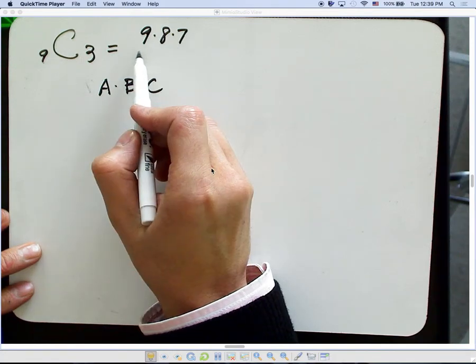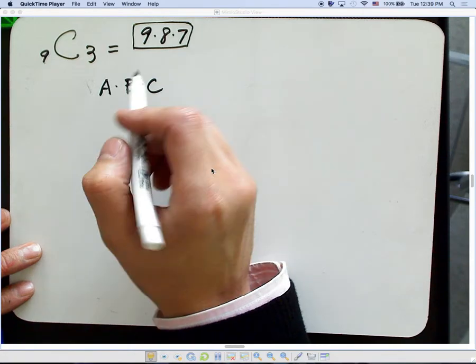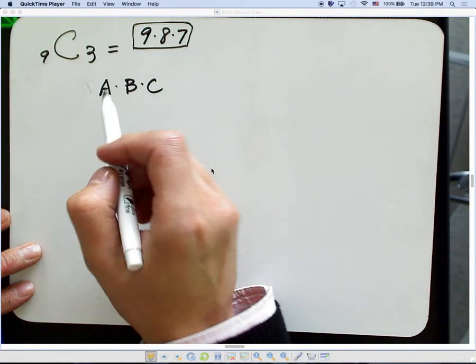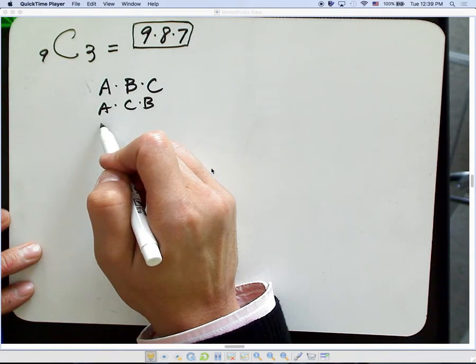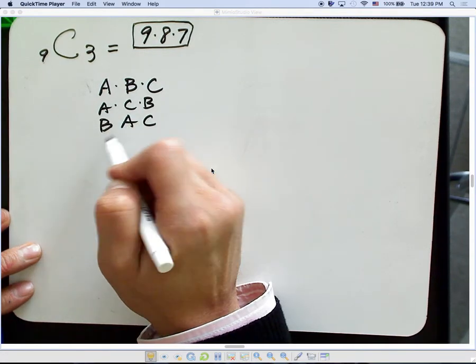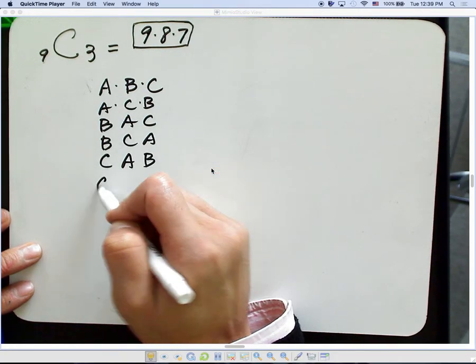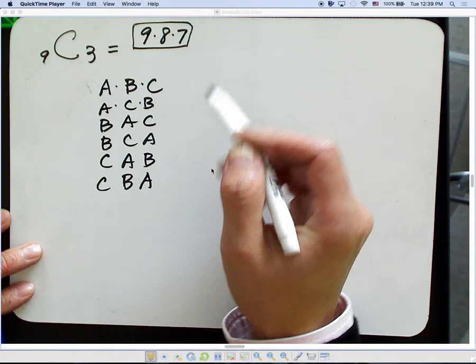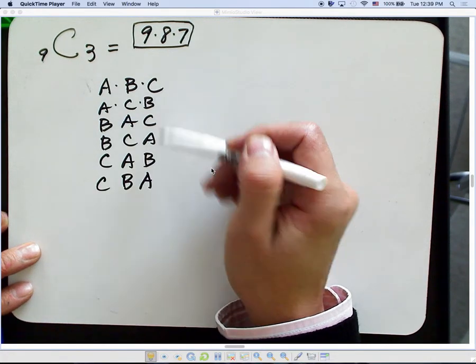Since the order matters for the permutation, this is simply a permutation. This means that ABC is different from ACB, BAC, BCA, CAB, and CBA. So you're counting them in 9 times 8 times 7. These are all different because this is a permutation.